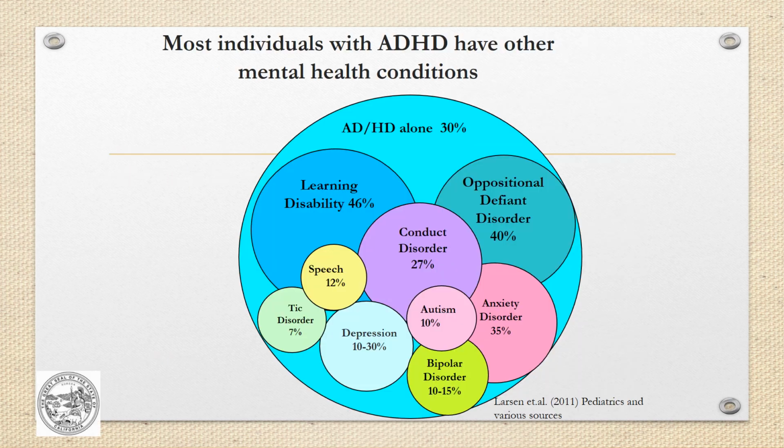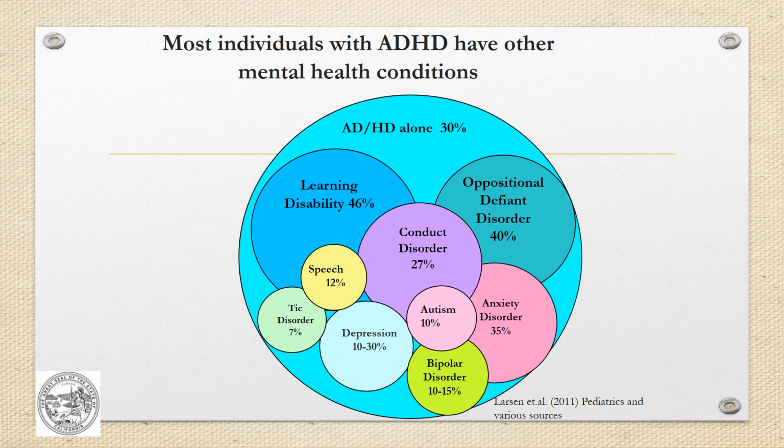It's important to keep in mind that most individuals with ADHD have other mental health conditions. So kids with ADHD alone only comprise about 30% of the total number of kids who are diagnosed with ADHD.